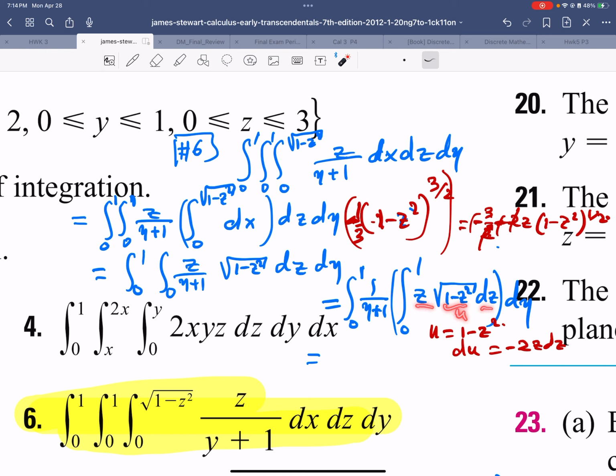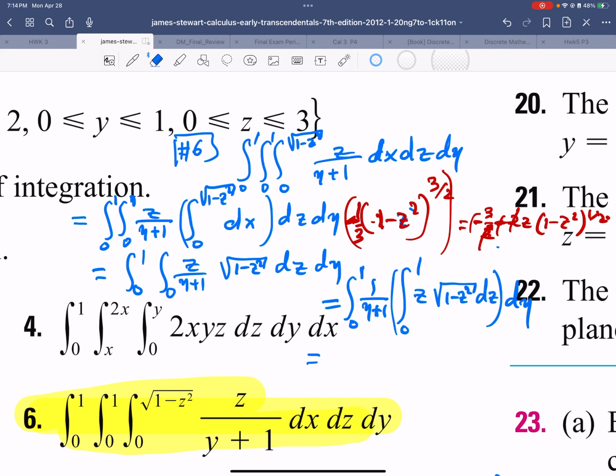Look here, dz times z is equal to negative 1/2 du. Replace it here and you will get it. But I just prefer this one. If you don't understand, just use the u sub. I really showed you the u sub. Just use it so you can get it easily.